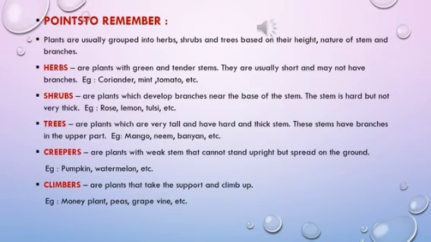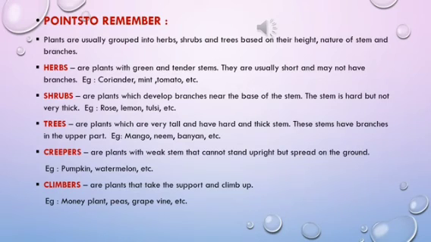Herbs are plants with green and tender stem. They are usually short and may not have branches. Example: coriander, mint, tomato, etc. Shrubs are plants which develop branches near the base of the stem.